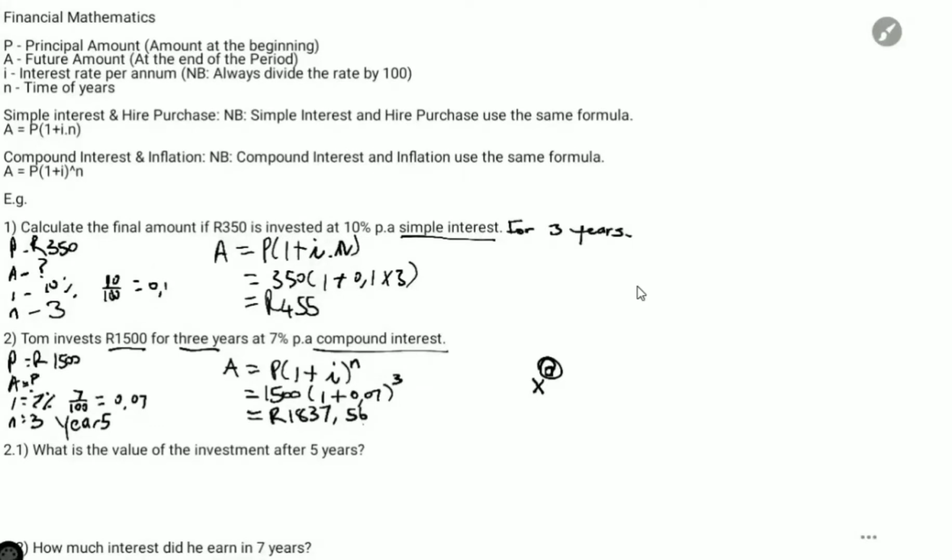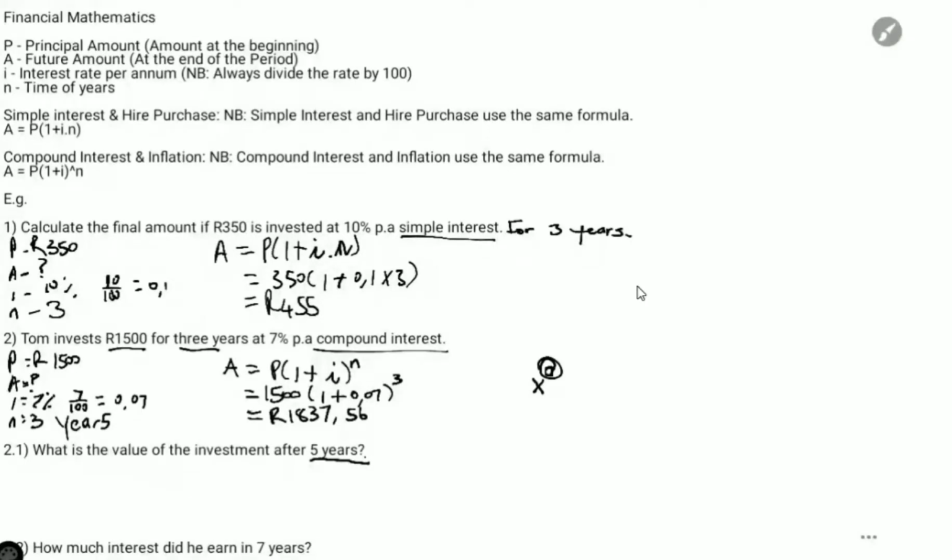Okay, let's move on. The next one: what is the value of the investment after 5 years? Maybe I should just do it. If they're asking the value after 5 years, remember nothing has changed but the number of years.